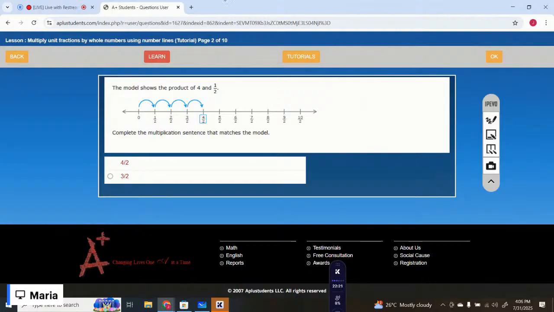That is 4 by 2. Option number 1 is the correct option. That is 4 by 2.